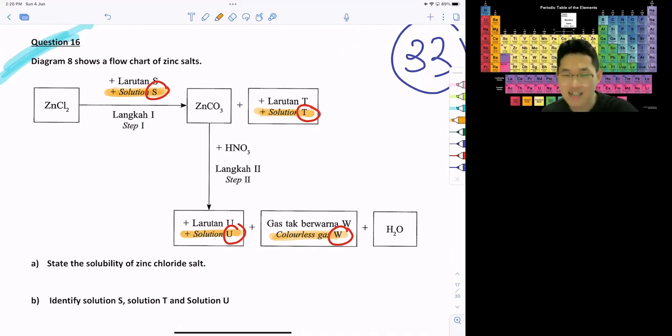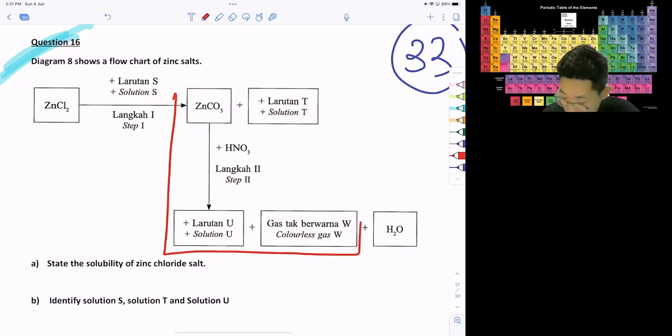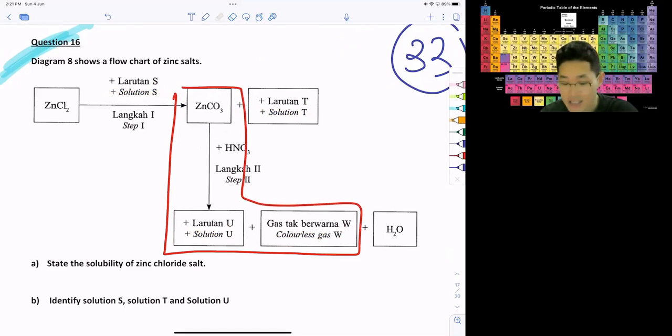Here, this is the easiest part, right? You see the difference between UW and ST is zinc carbonate, HNO3.